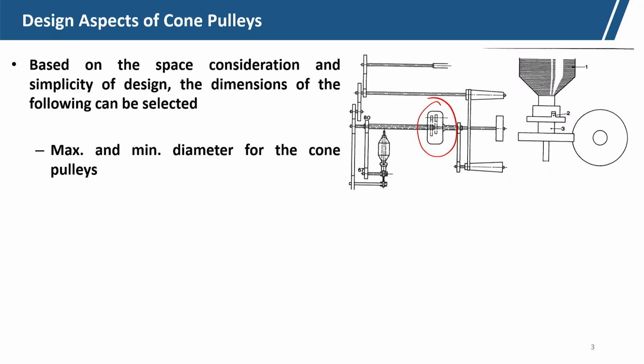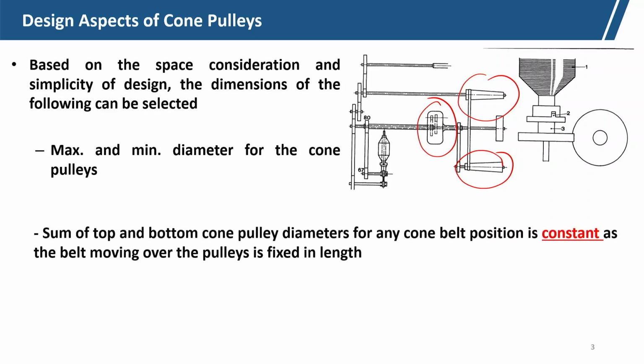We cannot have a very lengthy cone drive, so the diameter has to be selected, and the length also is a limitation. We cannot have a very large size of cone pulley, so the maximum and minimum diameter is a limitation.